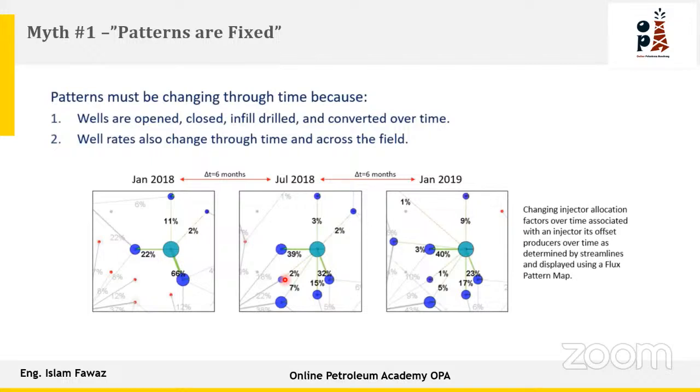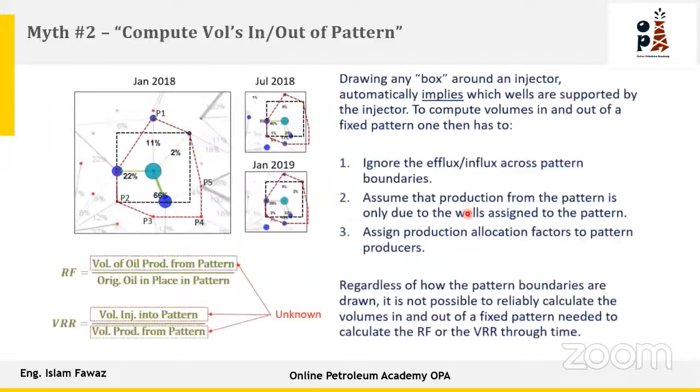After 6 months, you open another producer here, and you show this producer with 1%, and you open another producer here from this field. This means the injection allocation factor changes over time, associated with the producers over time, as determined by streamlines and displayed using a flux pattern map, in order to display how much injection contributes to each producer.